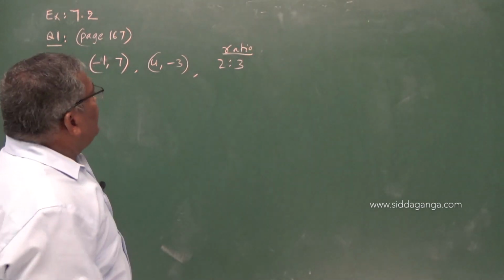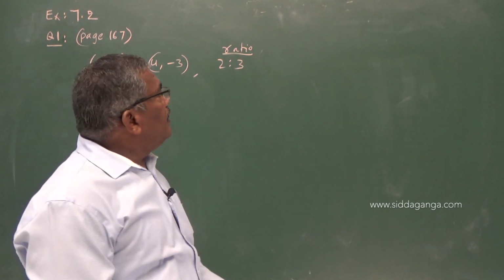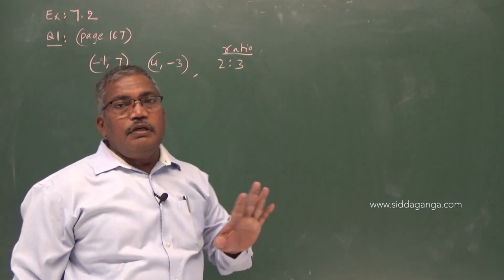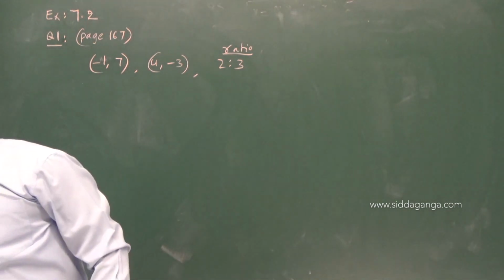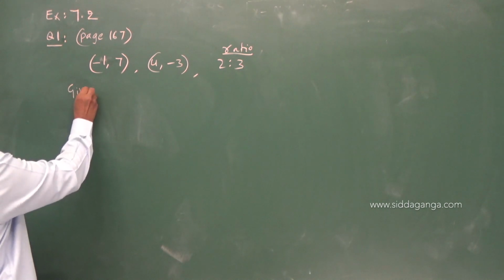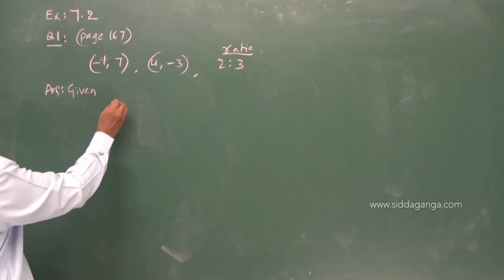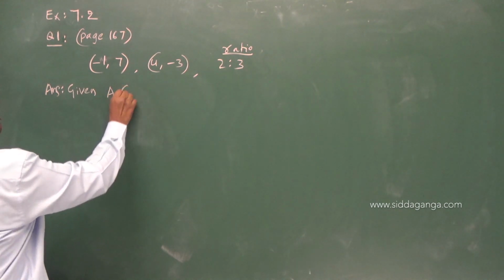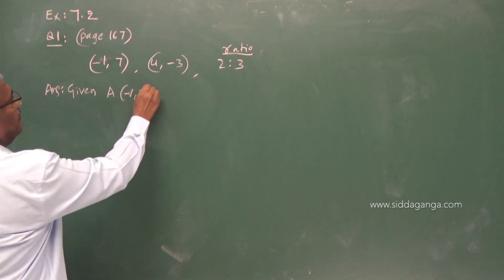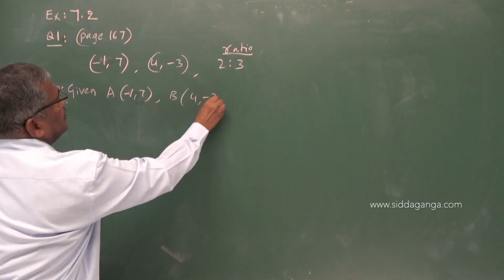So the point A is given, point B is given, M1 value is given, M2 value is given. We have to find the X value. Given A (-1, 7), B (4, -3).